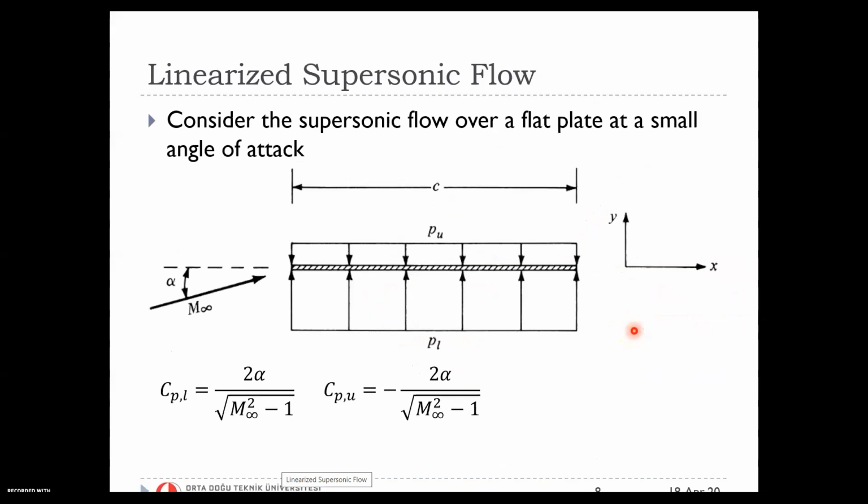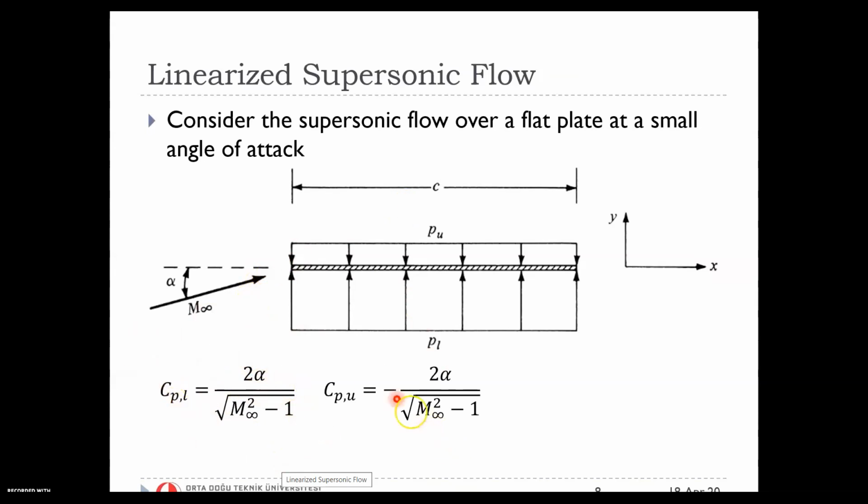Okay, let's consider a supersonic flow over a flat plate at small angle of attack. In this case, of course, the flow deviation angle on the lower surface of this flat plate is positive because it's turned into itself. Then you have positive alpha here, and your Cp lower is represented with this relation.